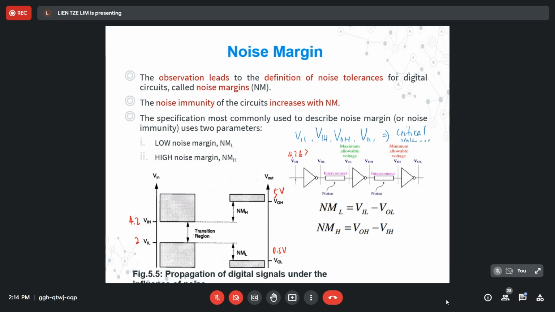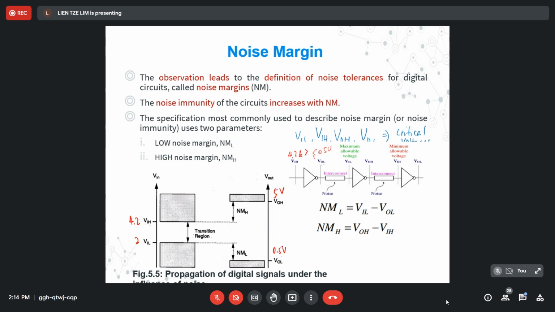So any voltage measured at 4.2 or above can be interpreted, and the output of the inverter can be interpreted correctly as a logic 0, with an output low. And the VOL here should be about 0.5 or below.